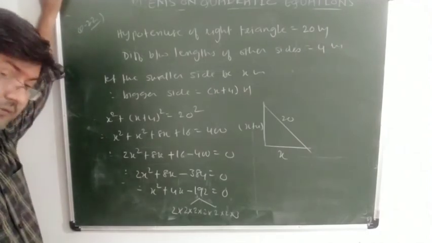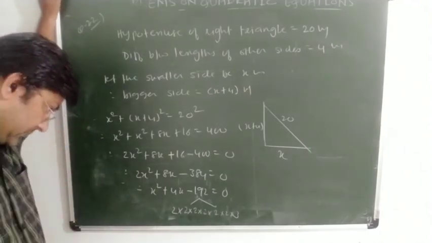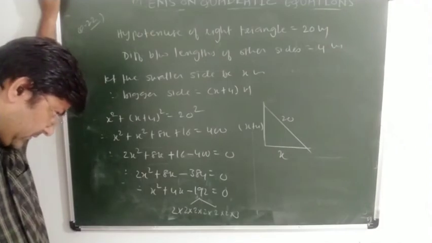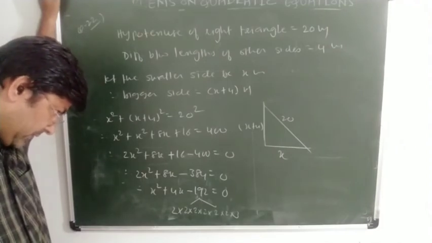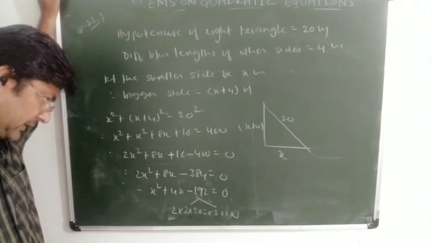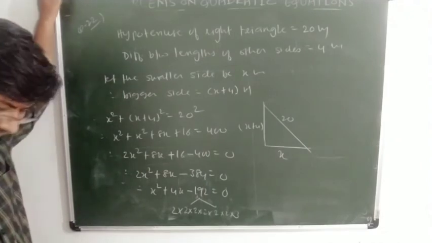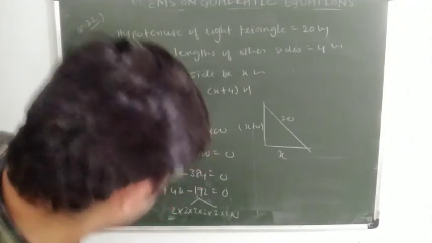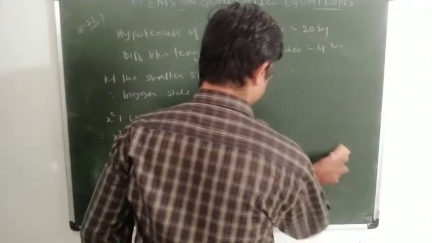Now let us find out the pair. 16 and 12: 16 twelves are 160 plus 32, yes, 192. So 16 and 12 will do.